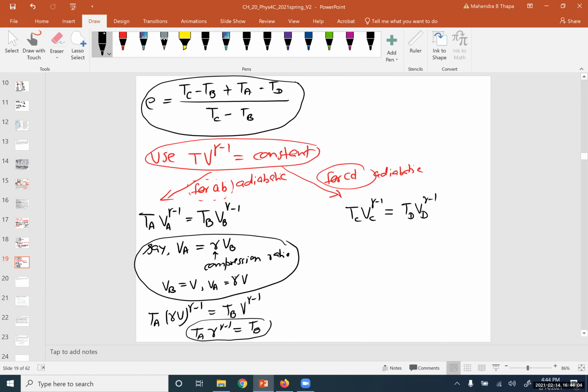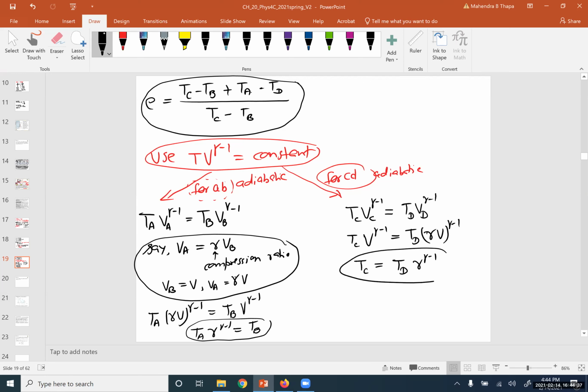Again, as before, I can write TC times R V to the gamma minus 1 must equal TD V to the gamma minus 1. If you further simplify, it gives you TC equals TD R to the gamma minus 1.